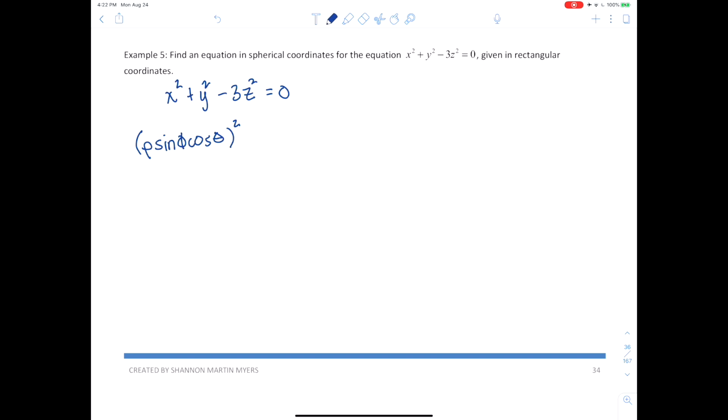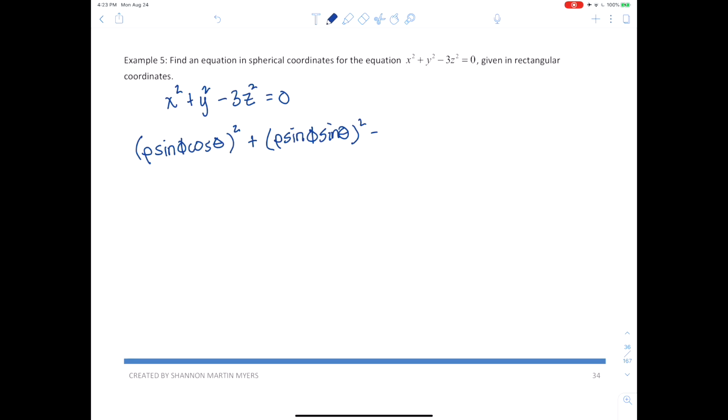Y was equal to rho sine phi sine theta, and we're squaring that too, minus 3, and what was z equal to again? You can look back if you need to. And then z is equal to rho cosine phi.